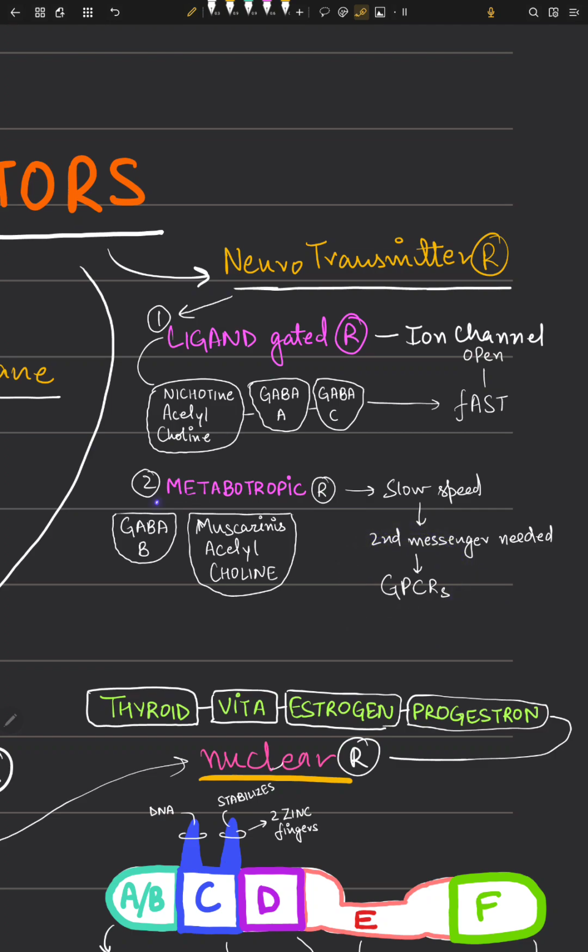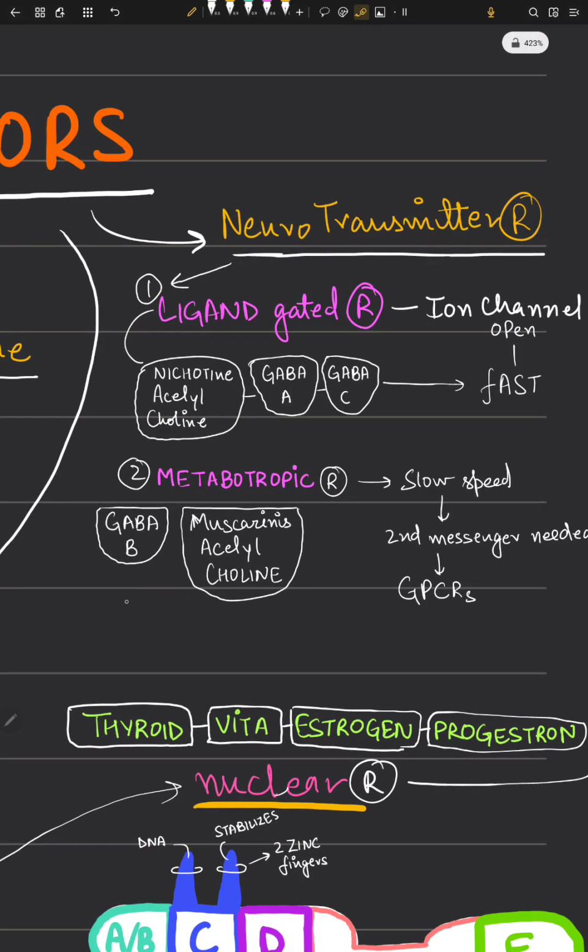Metabotropic, GPCR. They are slow in speed. They need a second messenger. What kind of neurochemicals can stick to these kinds of receptors? GABA B, muscarinic acetylcholine. Cool word, acetylcholine.